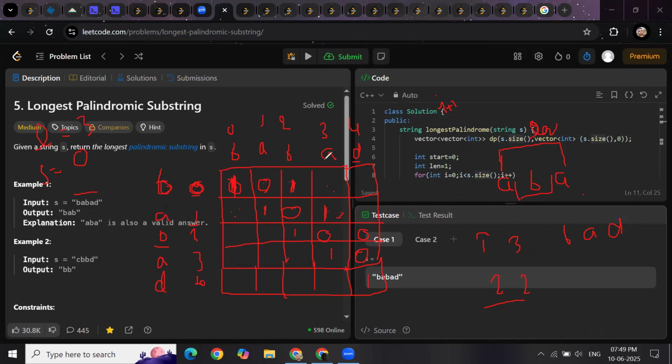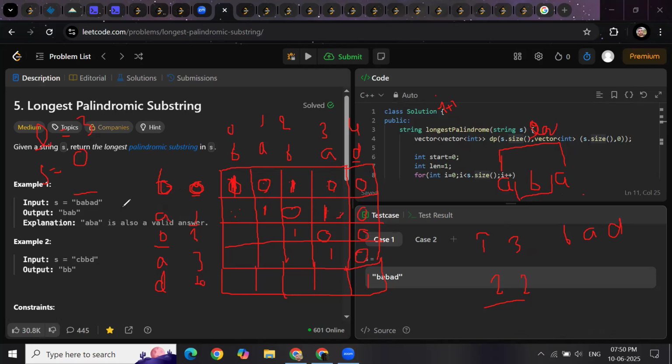Okay. So it is B, A. B and A are not equal, so it will be 0. Now starting with A, length 4, which is this one. So A and D are not equal, then 0. Now starting at 0 of length 5, meaning B and D, this one. So B and D are not equal, then it will be 0.